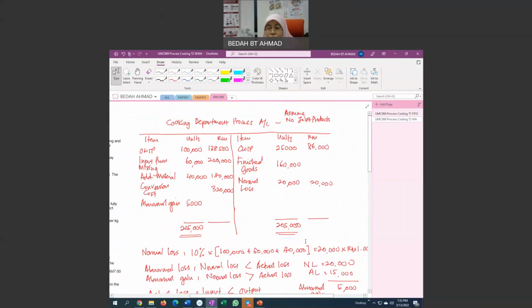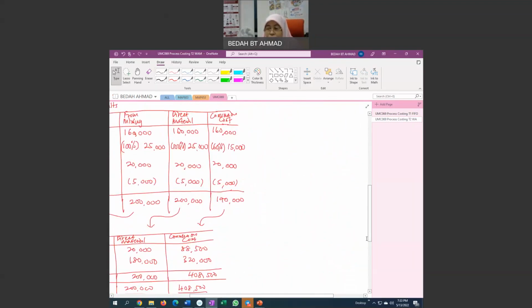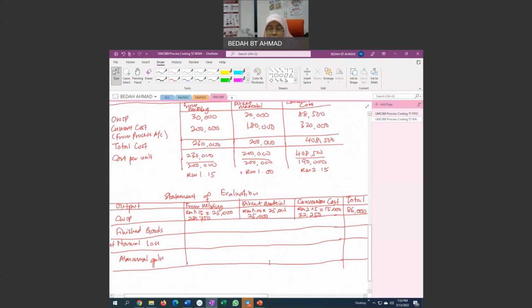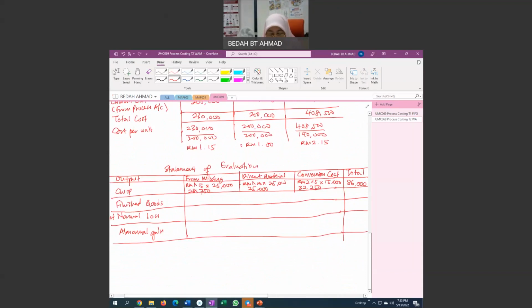Then the value for the finished good and abnormal gain. Finished goods is 160,000 units multiplied by the total cost per unit, which is RM1.15 plus RM1 is 2.15, plus 2.15, so it's RM4.30.